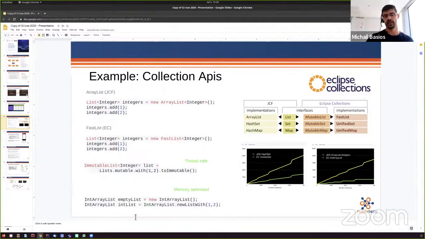But if you look at other frameworks as well, you can potentially give better optimizations and better replacements for the collections that you are using, if you use better context. And that context may come from the documentation and the analysis that you are doing. For example, this is an array list definition in Java where you have integers.